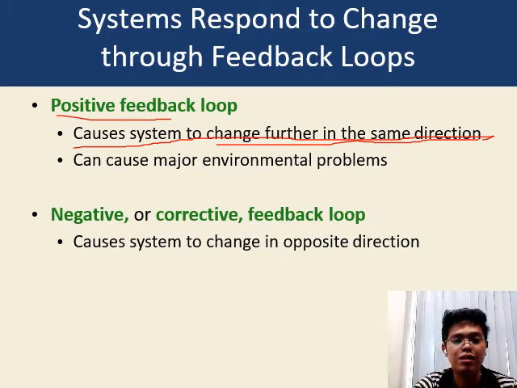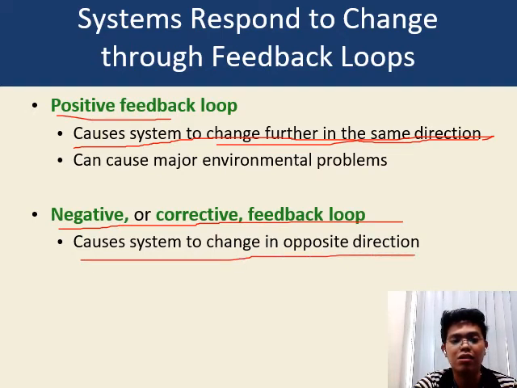The other one, a negative or corrective feedback loop, causes the system to change in the opposite direction. So, for example, in the forest I mentioned a while ago, humans cut some trees, but they also did something to correct that direction in which it would totally degrade.